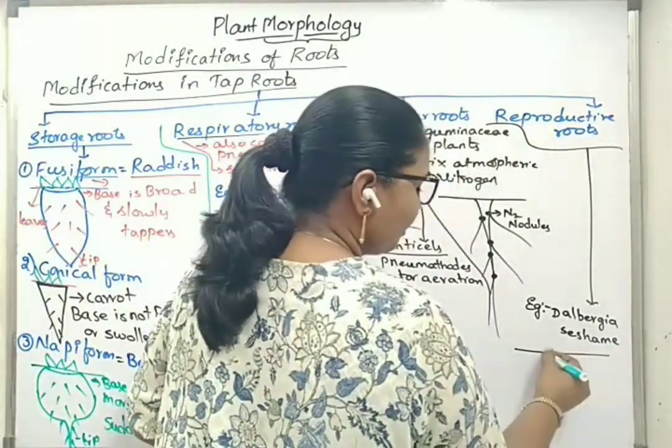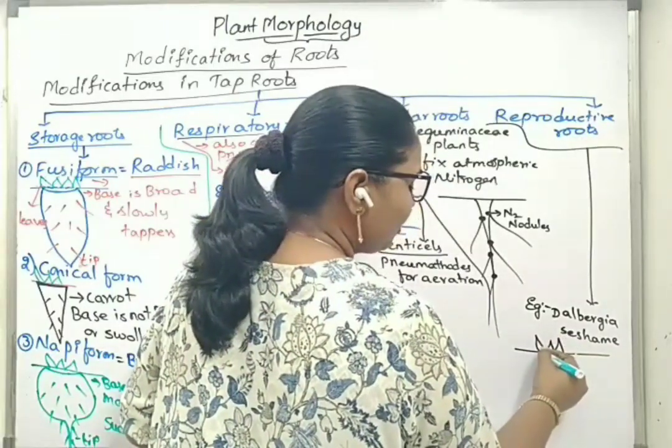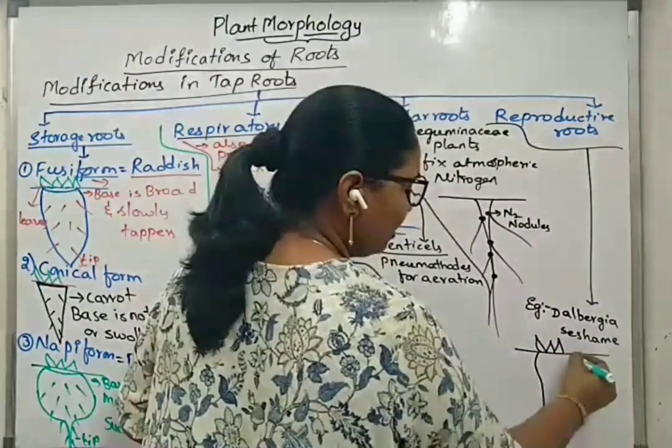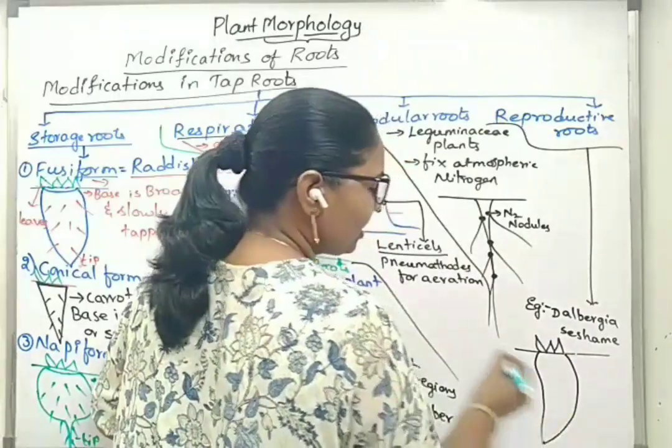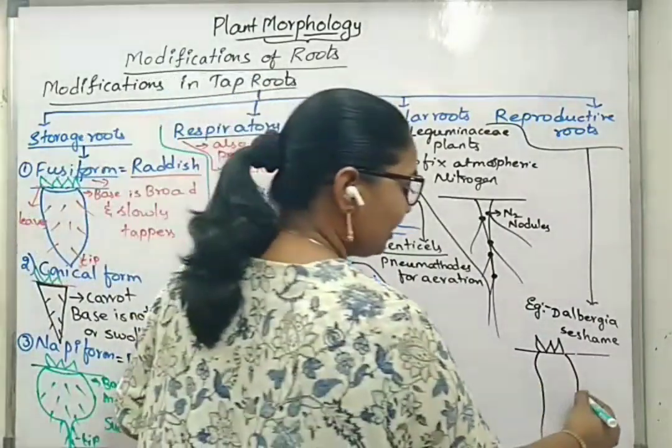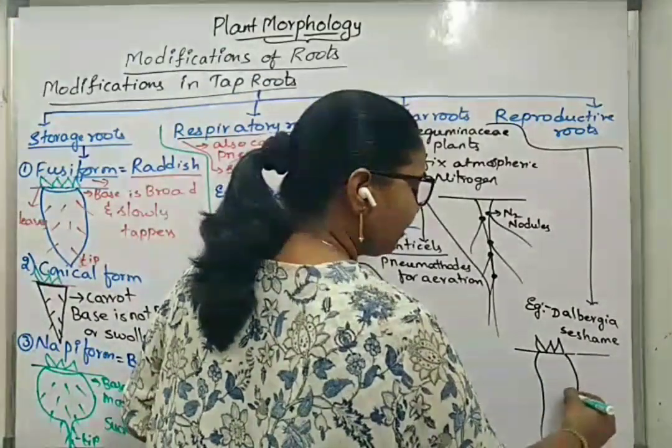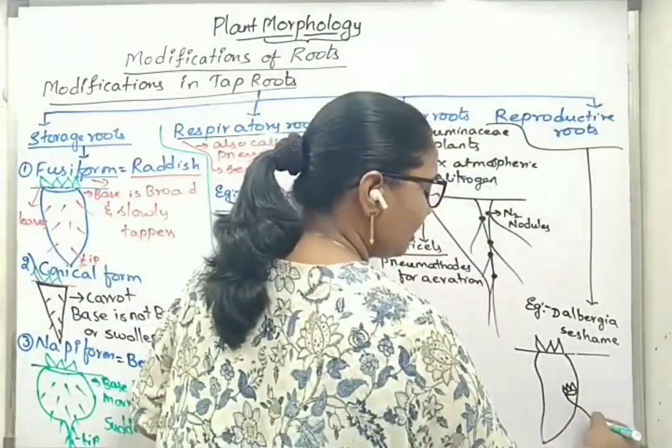So here, if this is the earth layer, think these are the roots, and this is the taproot system of Dalbergia sissoo. Itself it gives rise to a new plant. You can say this is the baby plant.